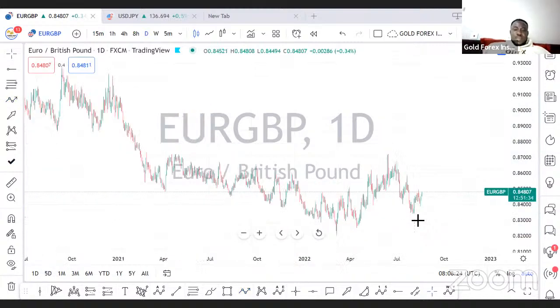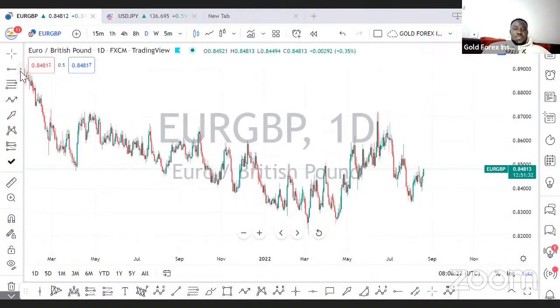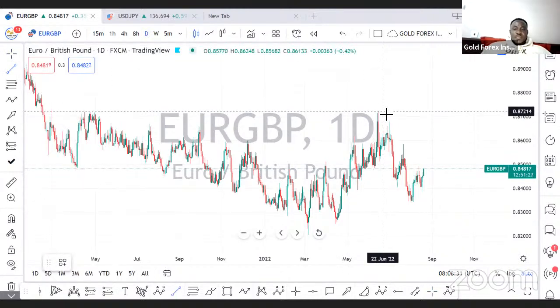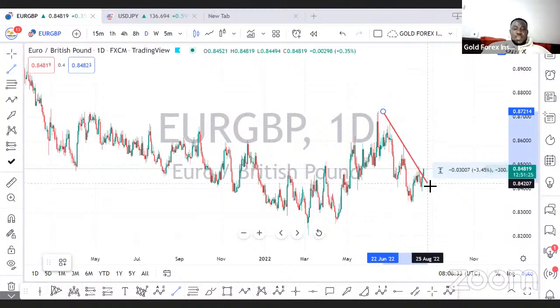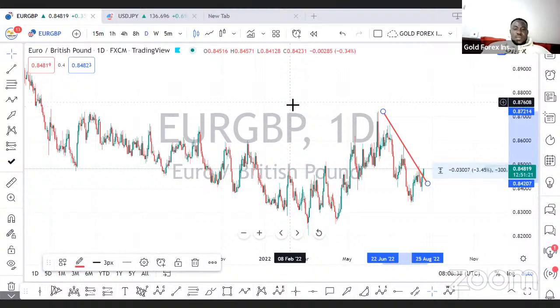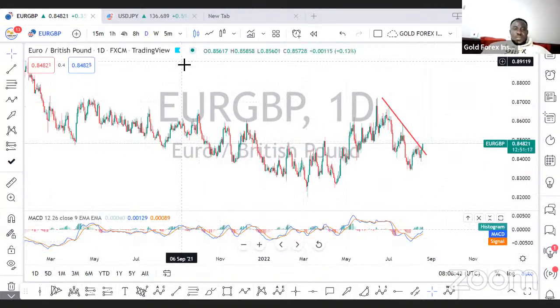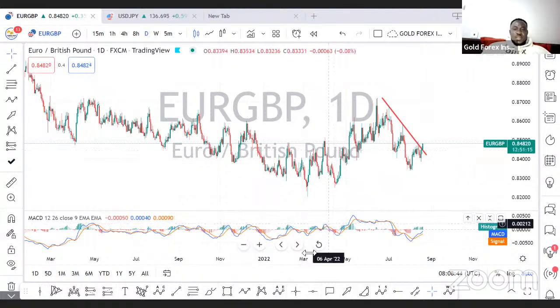So what's going to happen? Let's wait and see whether we are going to have a break of the trend line here. Yes, it's broken. Let's look for divergence. Okay, we didn't get divergence actually.